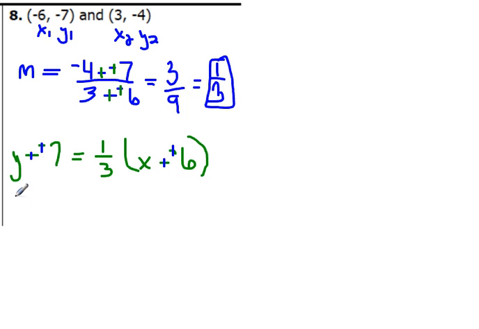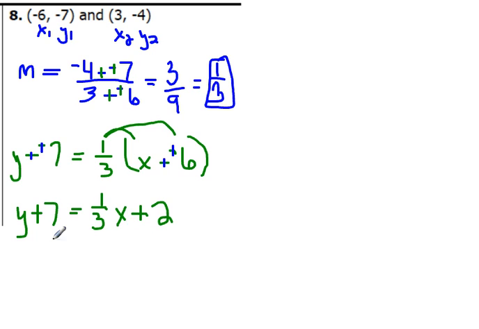Okay, so let's see, y, now it's going to be +7. I'm just going to rewrite that because we're not going to mess with that just yet, equals, and now here's my parentheses, so I know I need to distribute that 1/3 inside, which means to multiply. So 1/3 times x is just 1/3 x, and then 1/3 times 6 will give me a +2.